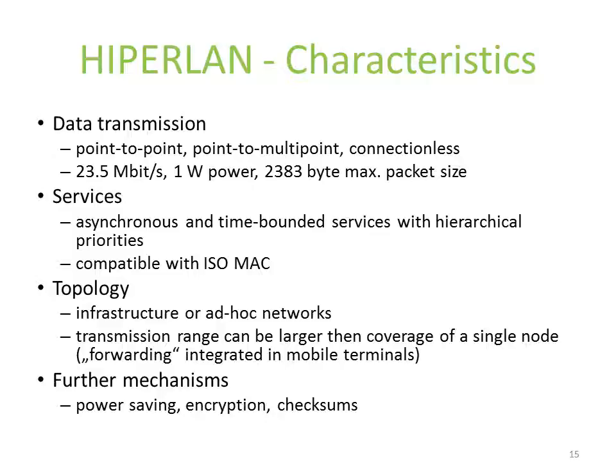With respect to services, it is compatible with any ISO based MAC layer protocol. This type of network may work as either infrastructure or infrastructureless networks. At the same time, HiperLAN networks can also use different types of encryption and decryption techniques for securing the data.